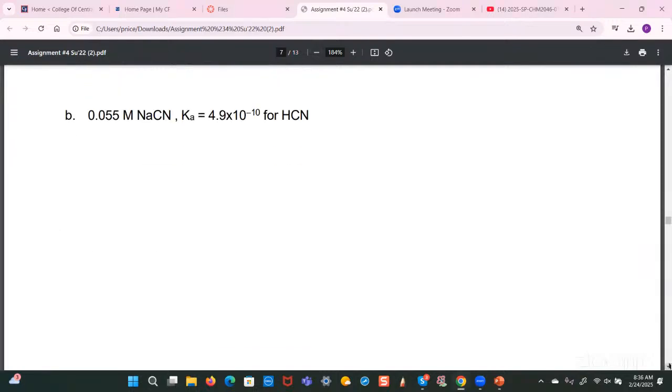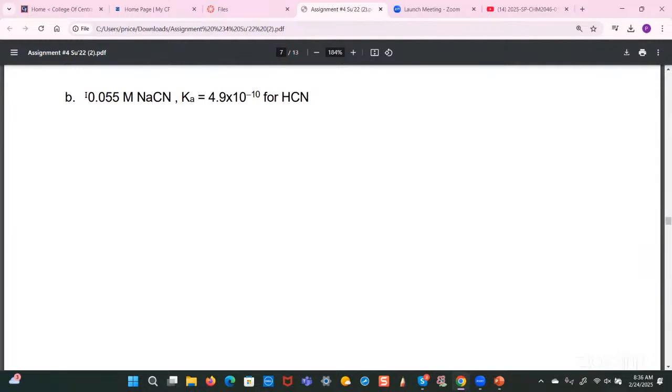Okay, now the next one, you're asking for the same thing for this solution right here, 0.055 M sodium cyanide solution. Now, this is a bit different because we're starting from a salt, and we just talked about the fact that some salts are neutral, some salts are acidic, some salts are basic. It depends on the type of salt. If the salt is formed from a strong base and weak acid, then that would be a basic solution. If the salt is formed from a strong acid and weak base, then that would be an acidic solution.